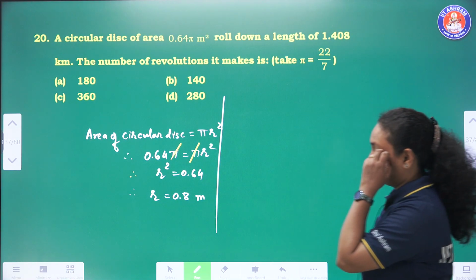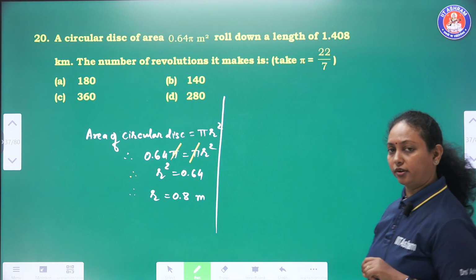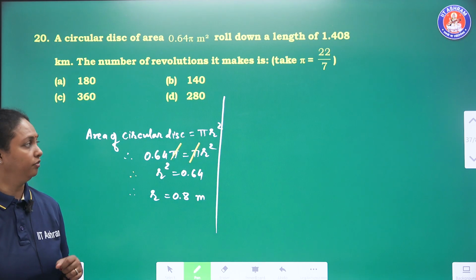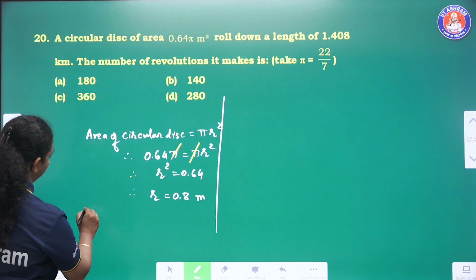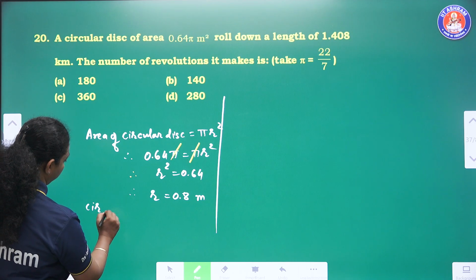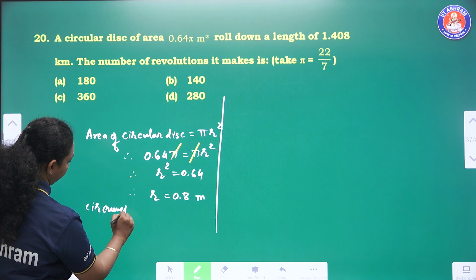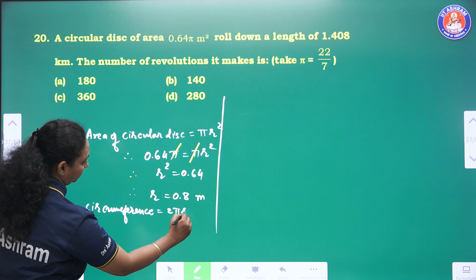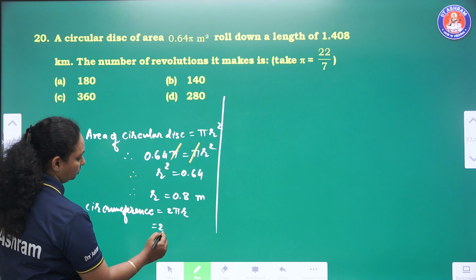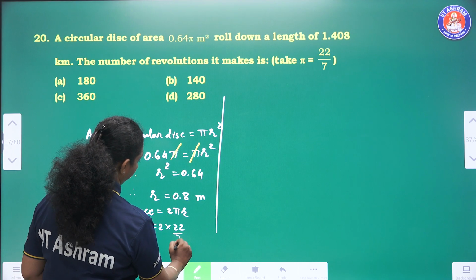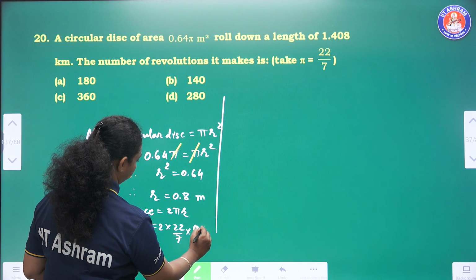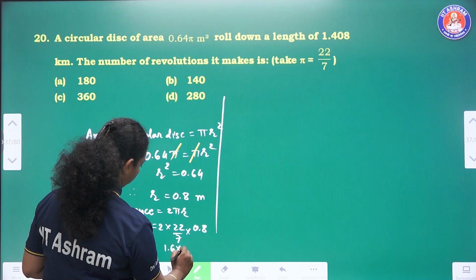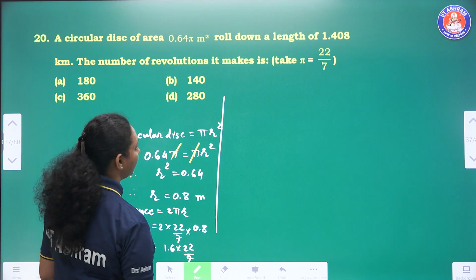Here we have to find the number of revolutions. So in one revolution, the distance covered is the same as its circumference. So circumference is equal to 2 pi r, which is equal to 2 into 22 by 7 into 0.8, okay.